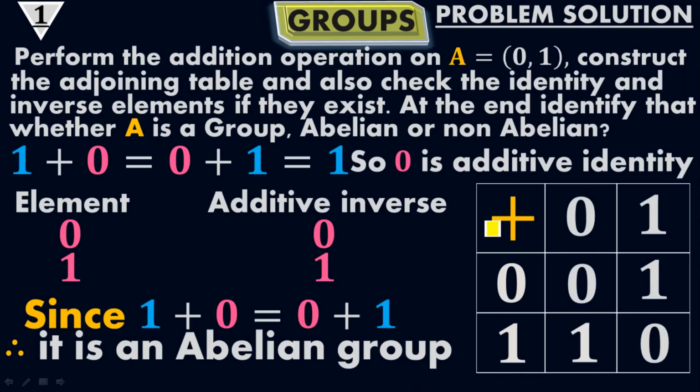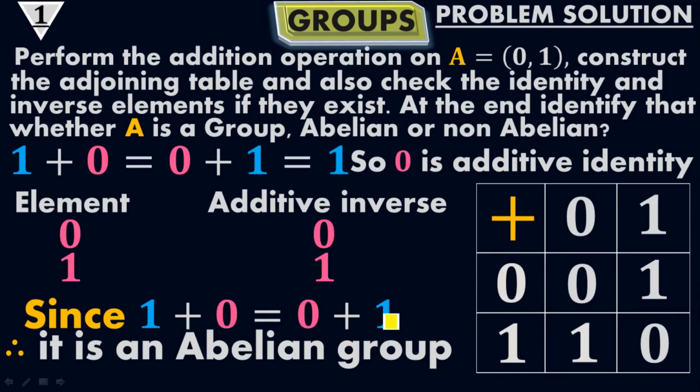If it satisfies the commutative law, then we can say that it is an abelian group. 1 plus 0 equals 0 plus 1, because 1 plus 0 equals 1 and 0 plus 1 equals 1. That is according to the commutative law of addition.